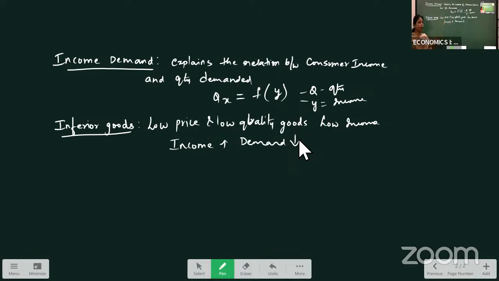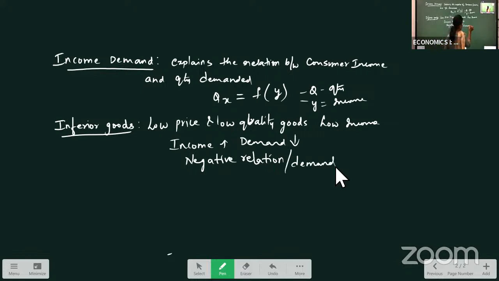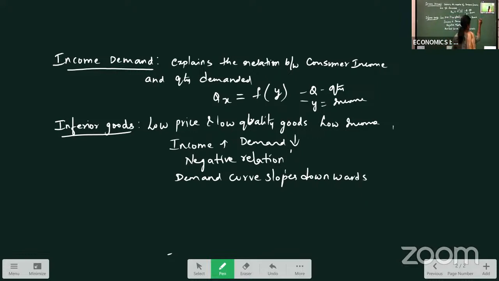So in case of inferior goods, we have a negative relation. When we have a negative relation, our demand curve slopes downwards. So in case of inferior goods, our demand curve will be sloping downwards.